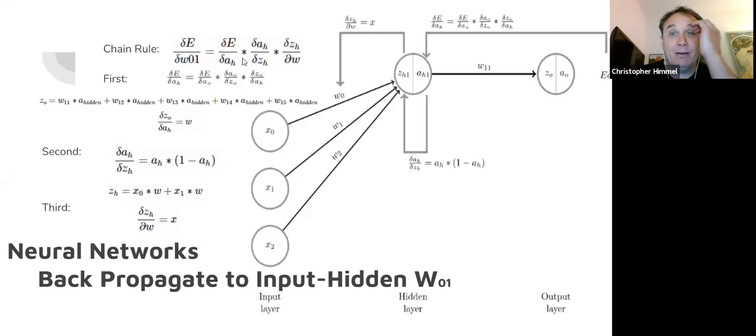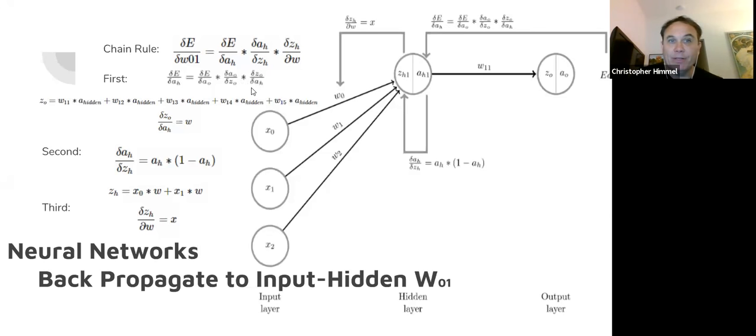So now we're going to have to take this one step further with another chain rule. And this change in E with respect to H, break that down to another chain rule. And you can see that works out. That's this one up here.